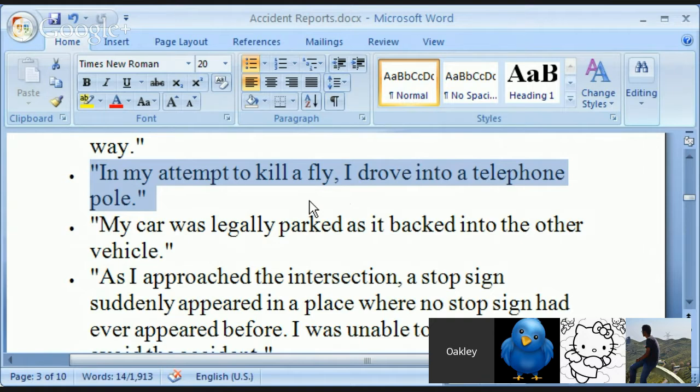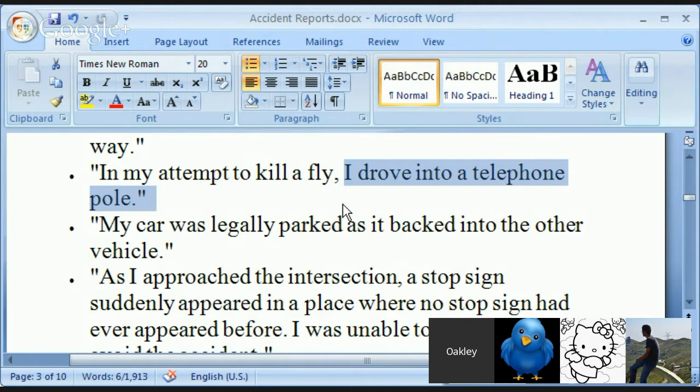But because of the way he writes it, in my attempt, because of this discourse marker signal phrase he uses, it would appear that he was trying to kill it with the car. He was trying to kill it with a telephone pole. No, maybe he was trying to kill it with the car.